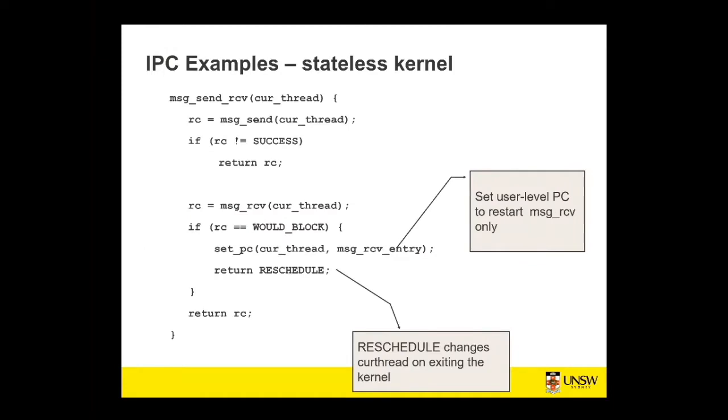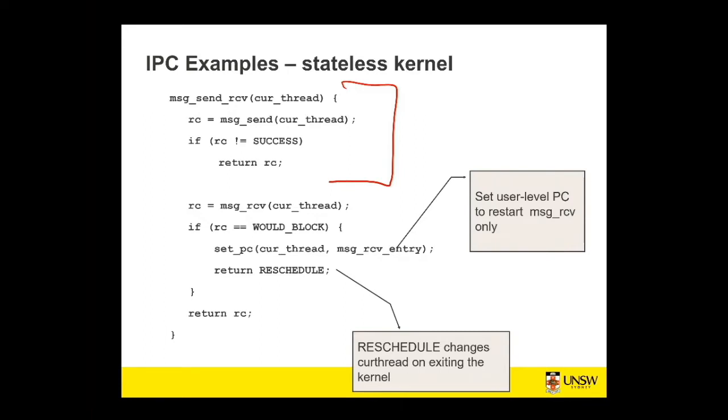Let's have a look at the stateless kernel model. So again, same thing is happening at the start of this. We do a send, request something, it succeeds. And then we do a message receive. Now, given that we can't block inside this OS, if we can't receive a message, we need to do something. And so what we do is we signal that we would block.